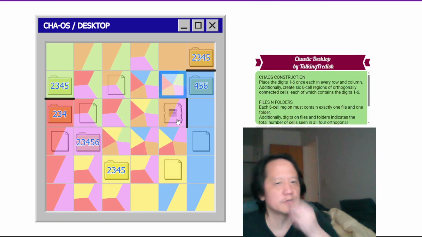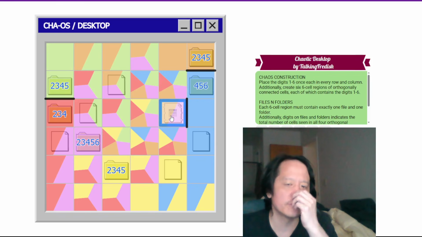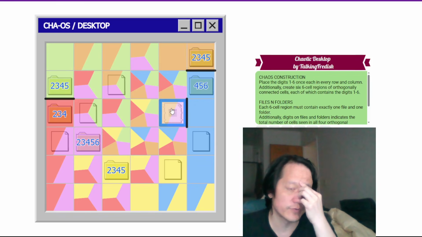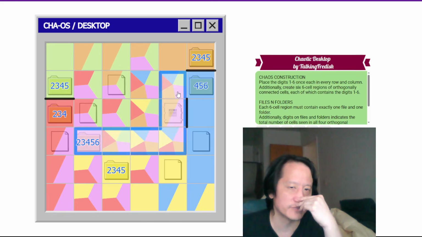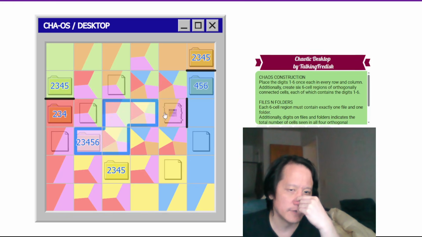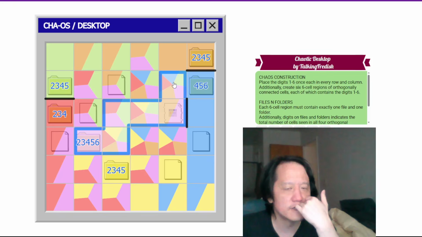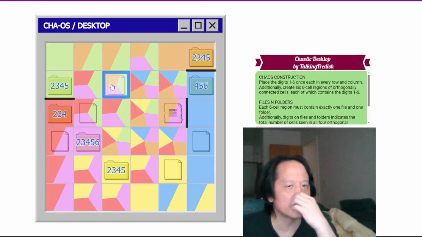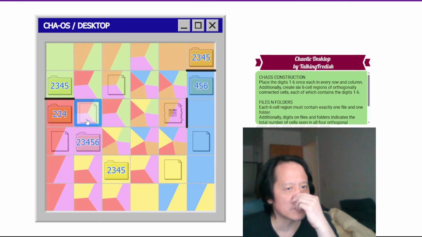Obviously, if pink goes here, that blocks orange. It would have to go through here because that blocks orange from that file. So it would have to do something like that, or that, or that. So orange would have to go here. Green would have to go here.